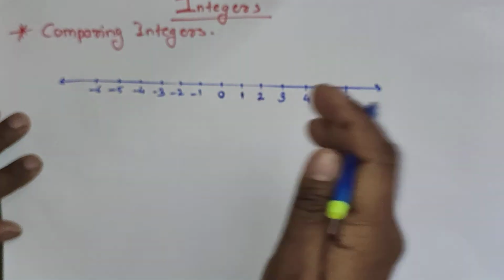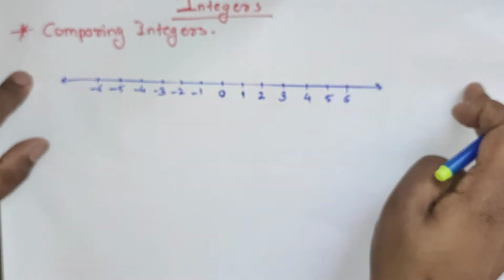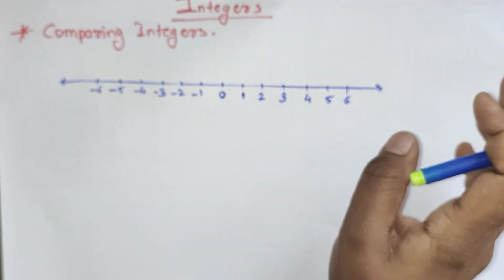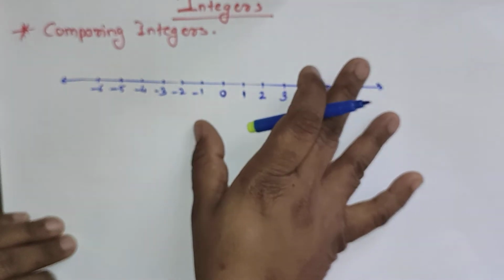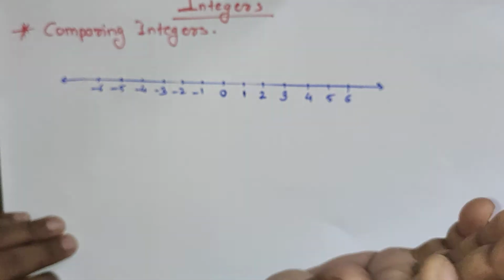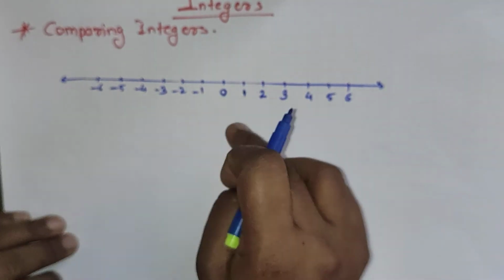In this way the number line extends on both sides. There is no limit, we can write all numbers on this number line. If you see comparison here, one thing you have to keep in mind: all the negative numbers are smaller than 0.